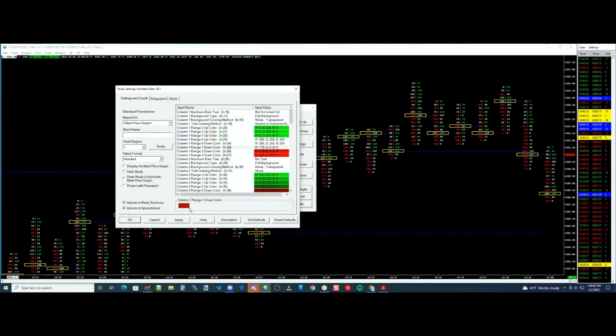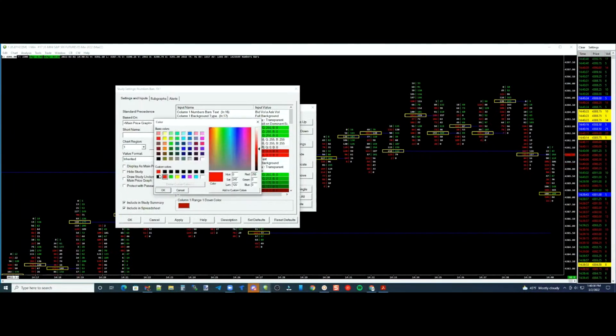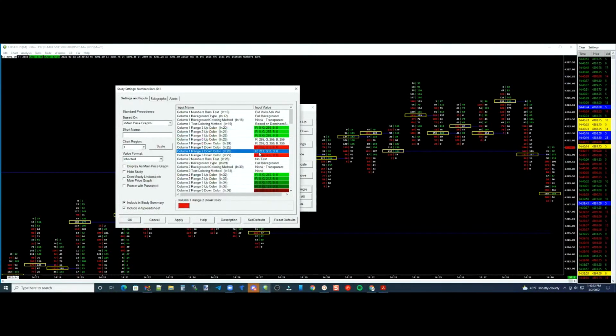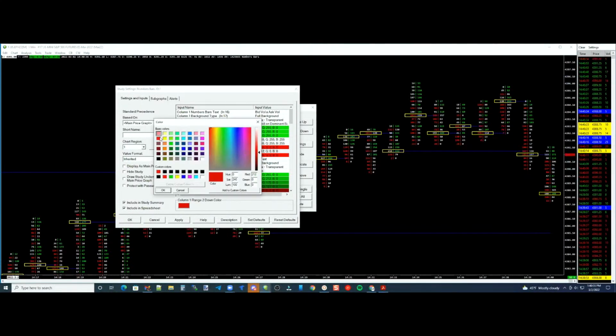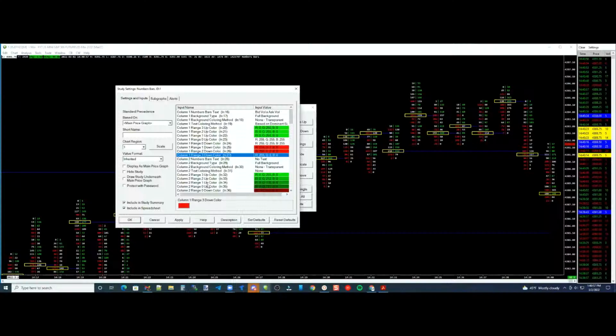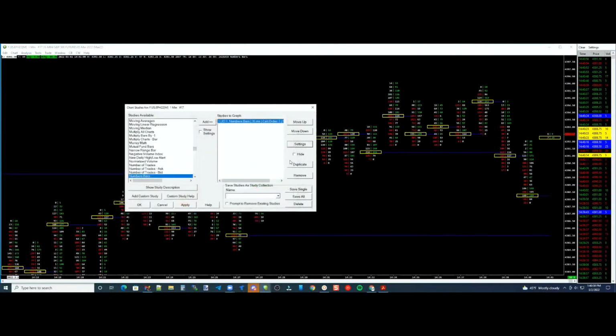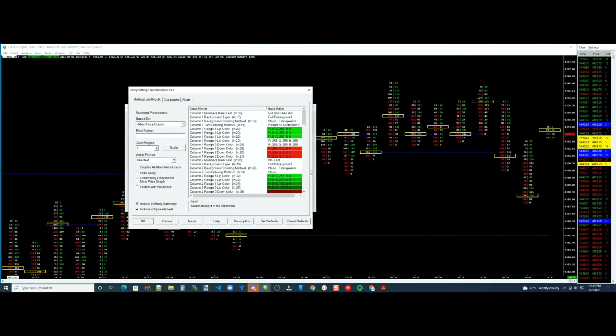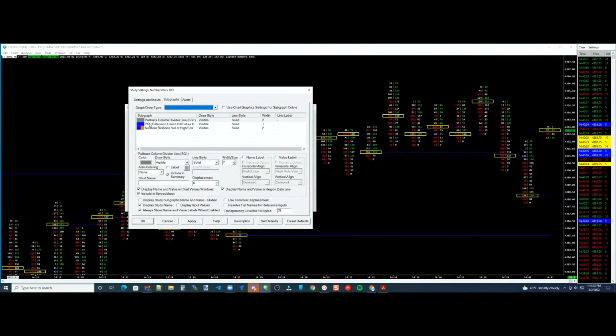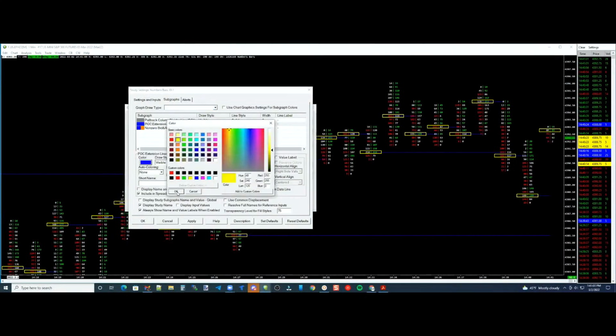And you're going to set these to bright red. All right, I want to make sure that I set this up for y'all exactly the way I set up myself. It'll make sense here in a second. I think that's already there. Okay. And also under your subgraphs, go ahead and set your point of control the same as your box.